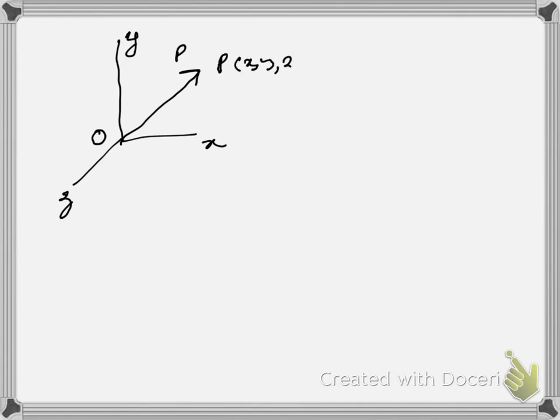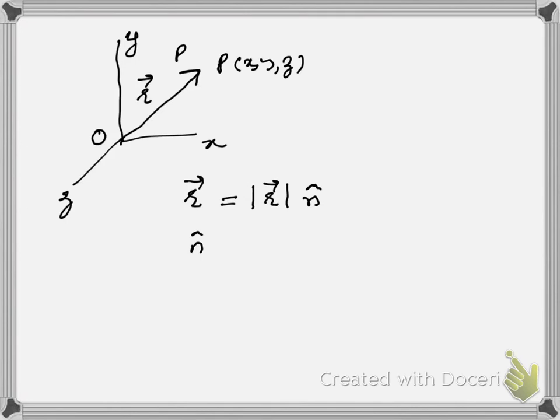Again, if OP is a vector with P equals to x, y, z, vector OP means vector R. It can be written as magnitude of vector R with its direction like n cap.